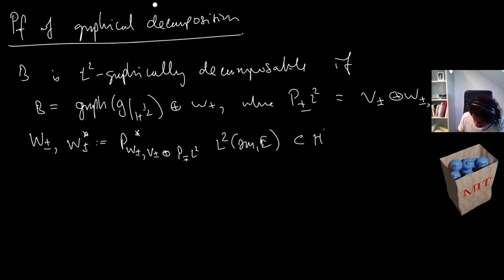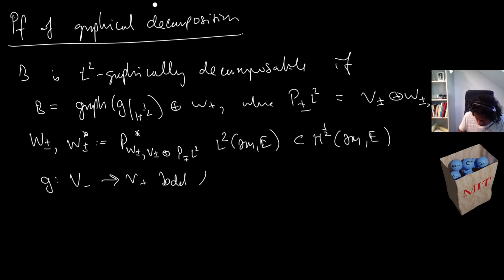These are subspaces of h half, and G is a map that takes us from V minus to V plus, bounded linear, with G of V minus intersect h half maps us to V plus intersect h half.